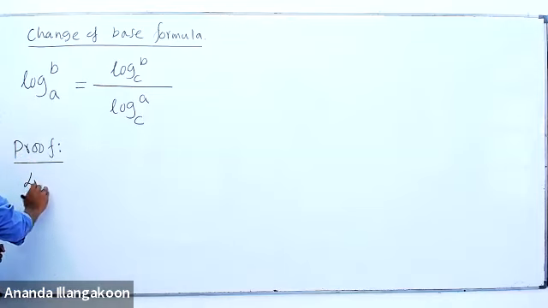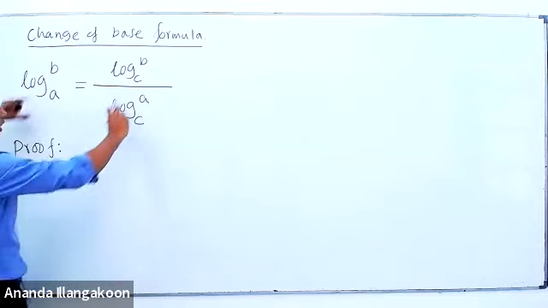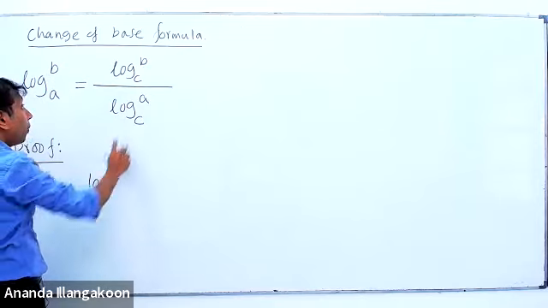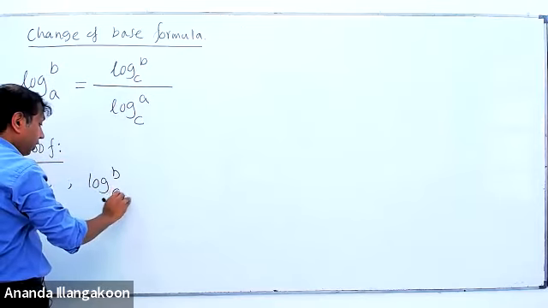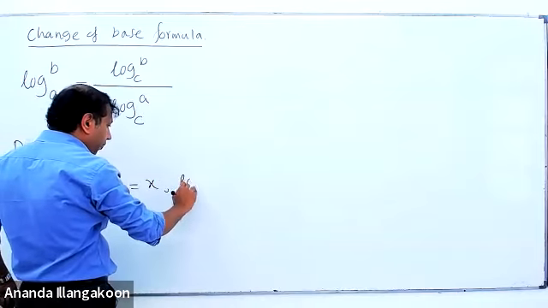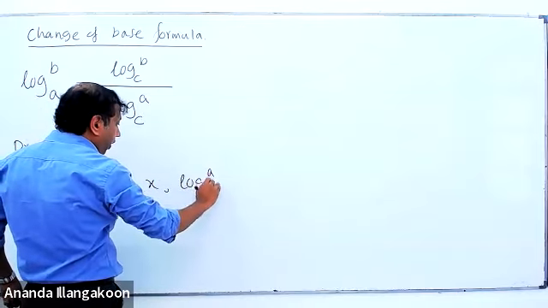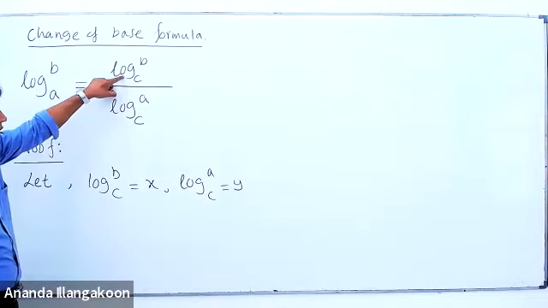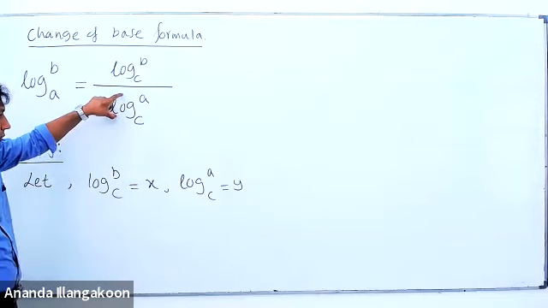I take log b to the base c as x. This one I take as y. This answer I'm going to take as x, and this answer I'm going to take as y.